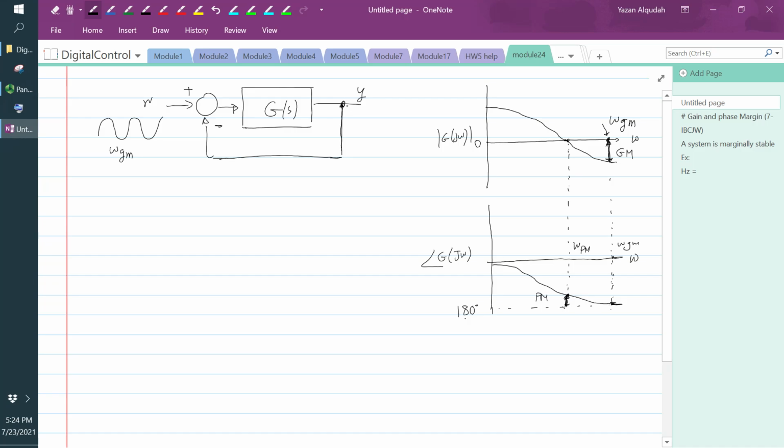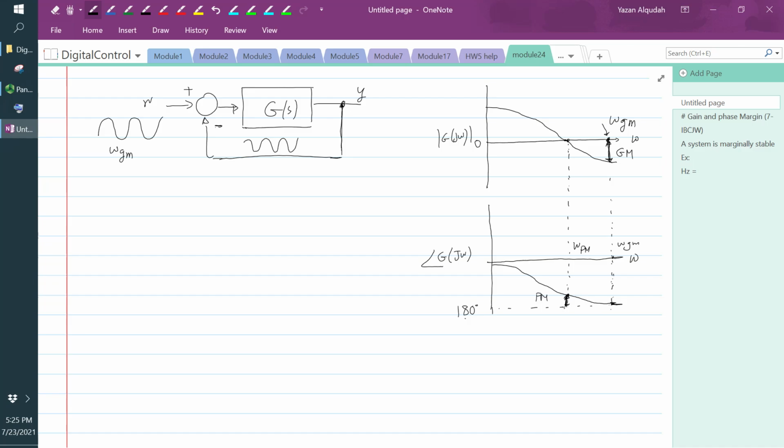I'm going to take this output, I'm going to feed it back, it's going to get subtracted from the input, and so on. Now this signal that I'm going to get at the output that I'm feeding back can go through one of three things. One, it can get amplified by G of S, or it can maintain its magnitude, or it can get attenuated. So let's see what happens in each case.